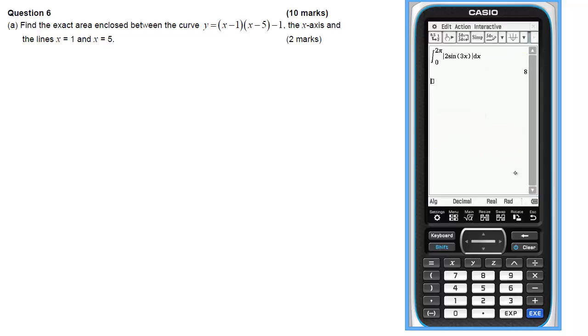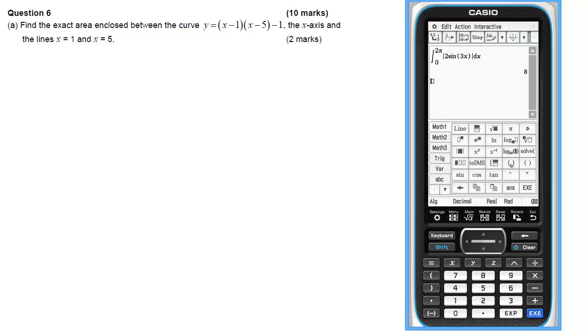So we have got the integral from 1 to 5 of, let's just put some brackets down. Nope, I've put the brackets in the wrong place, so always be careful.